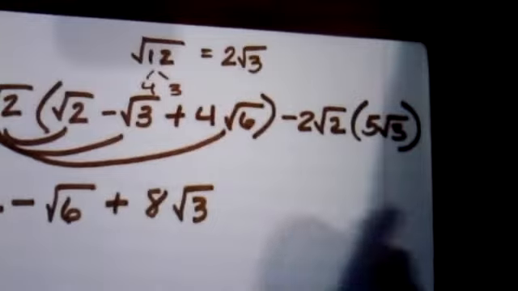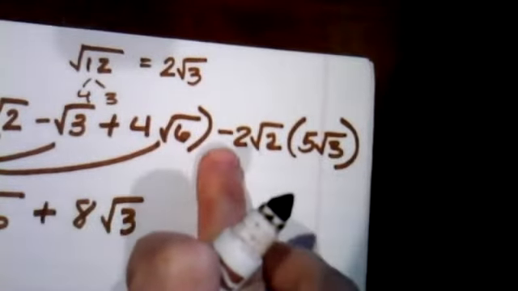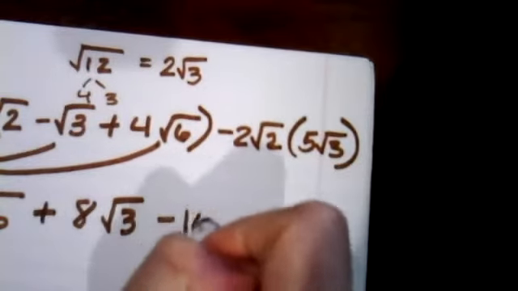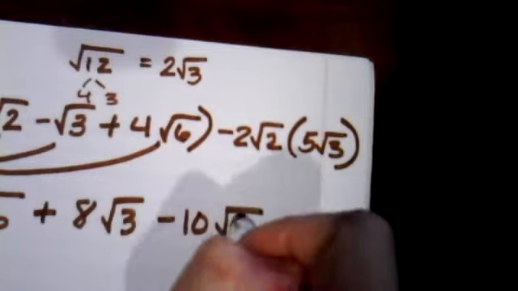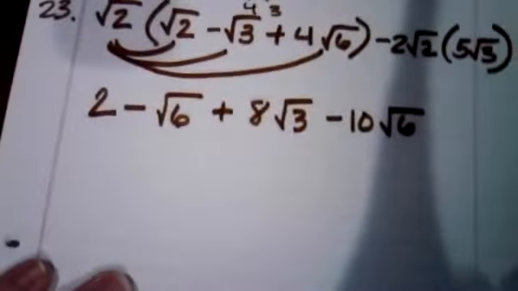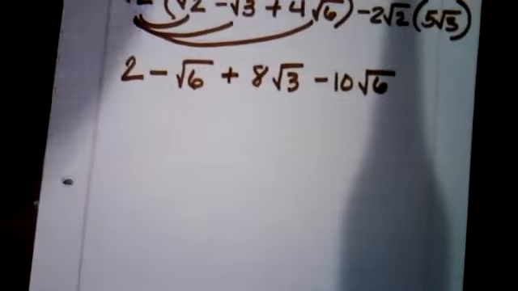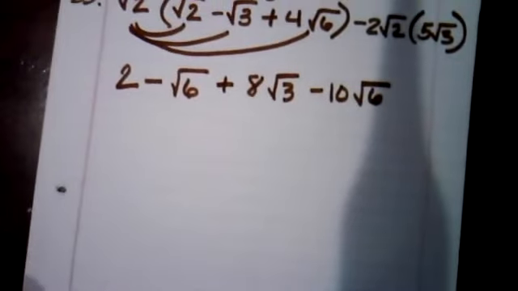Then we come over here. We're going to multiply here. We have a negative 2 times a 5. That would give us a negative 10 on the outside, and the inside would be a 6. When we do this, we are going to combine like terms.